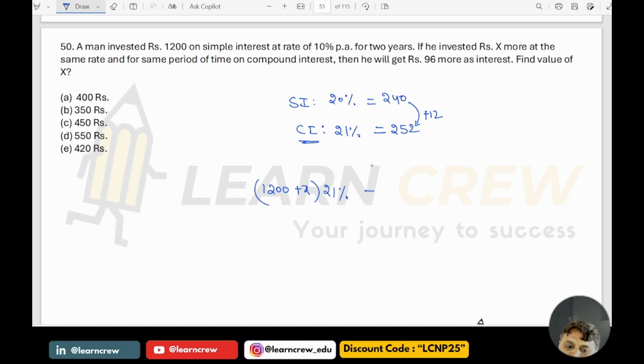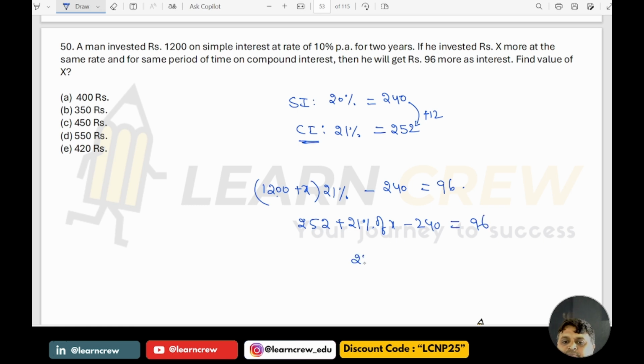so that the difference has to be 96. This is what the question is. Now 240, 21% of this much. 21% of 1200 is 252, plus 21% of X, minus 240, is equal to 96.